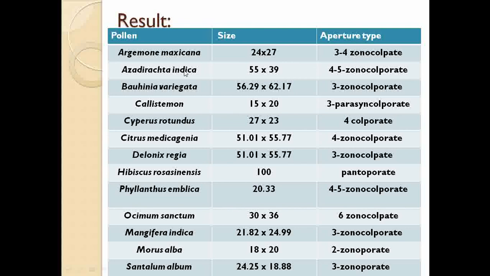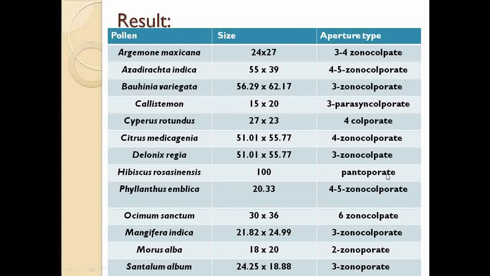In Azadirachta indica, the aperture is 4 to 5 zonocolporate. Begonia variegata is 3 zonocolporate. In Callistemon, the aperture is 3 parasyncolporate. Then in Cyperus rotundus, the aperture is 4 colporate. In Citrus medica, it is 4 zonocolporate. In Delonix regia, it is 3 zonocolporate.